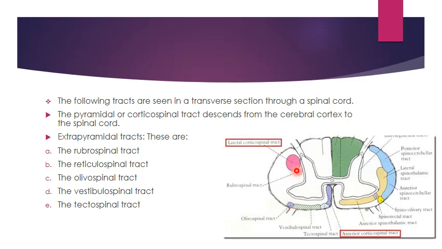On its posterior aspect, close to the posterior gray horn, you can see a large lateral corticospinal tract, and close to it there is Rubrospinal Tract.